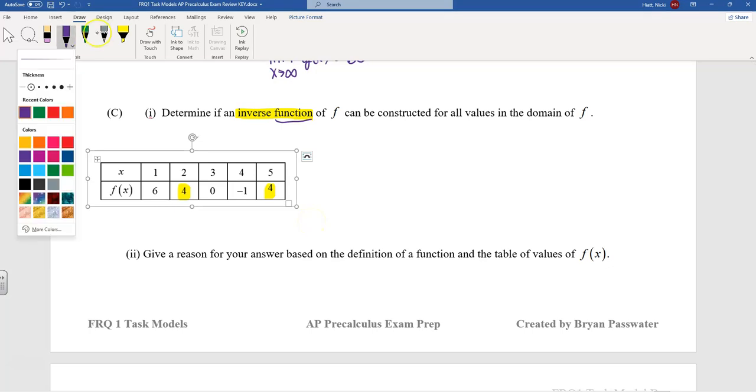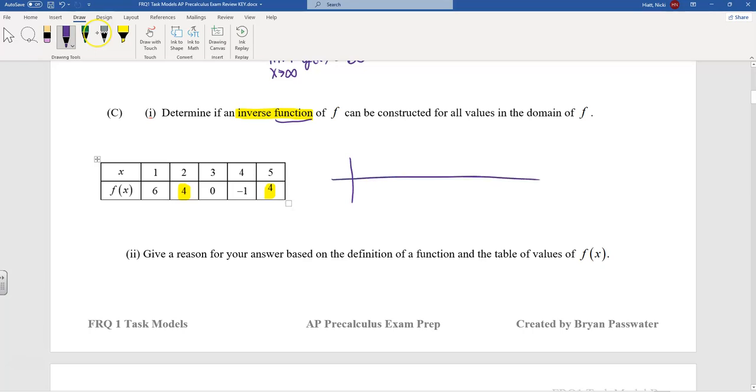So that means that my table for f inverse would look like this. 6, 4, 0, negative 1, 4, and 1, 2, 3, 4, 5. The x and the y coordinates just switch.